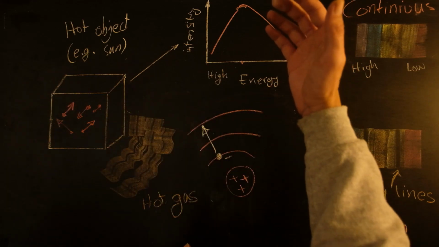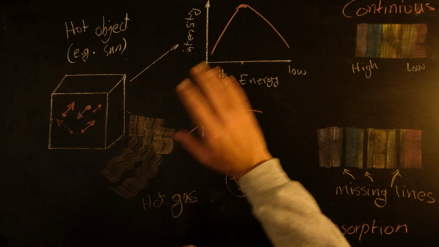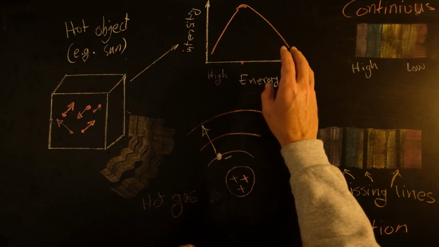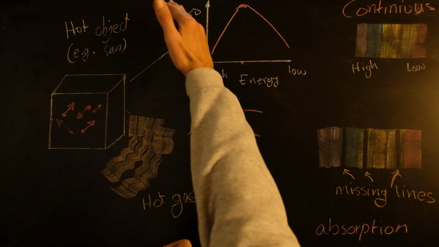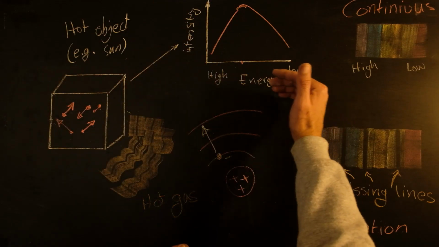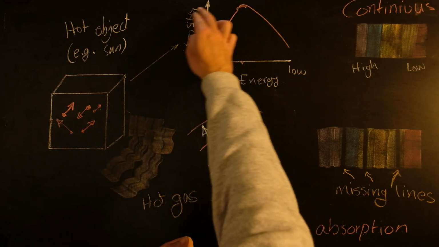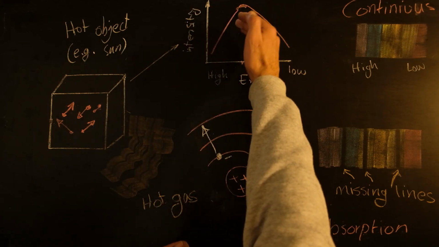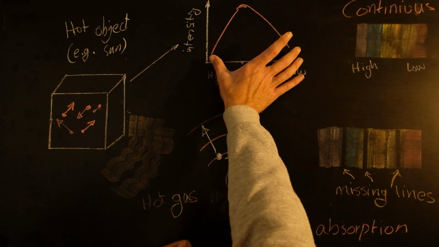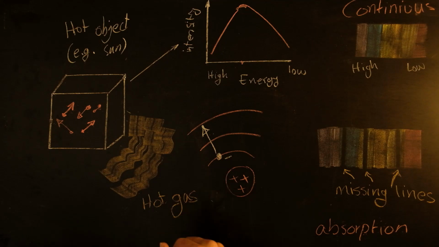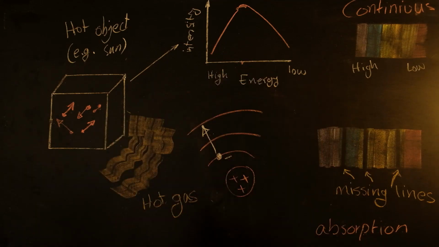Again, not as many as average energy, but we can see those particles in the spectra. So this is our spectra. We plot intensity versus energy. So we have common energy or average energy at highest intensity, and we have higher energy and lower energy at lower intensity. In terms of spectra, each energy corresponds to a color.